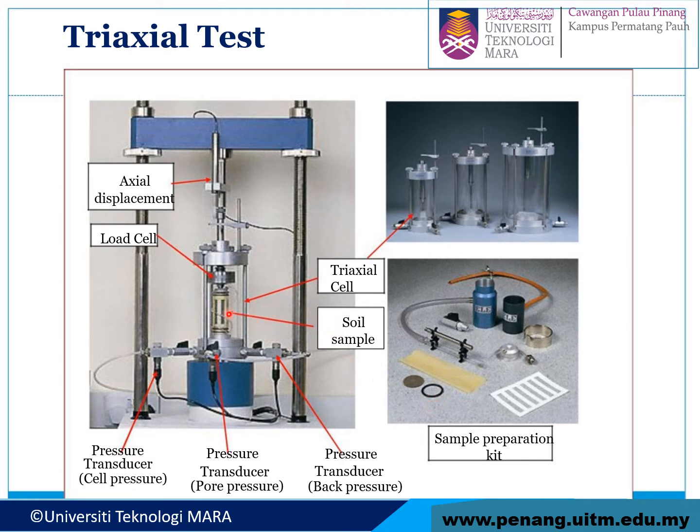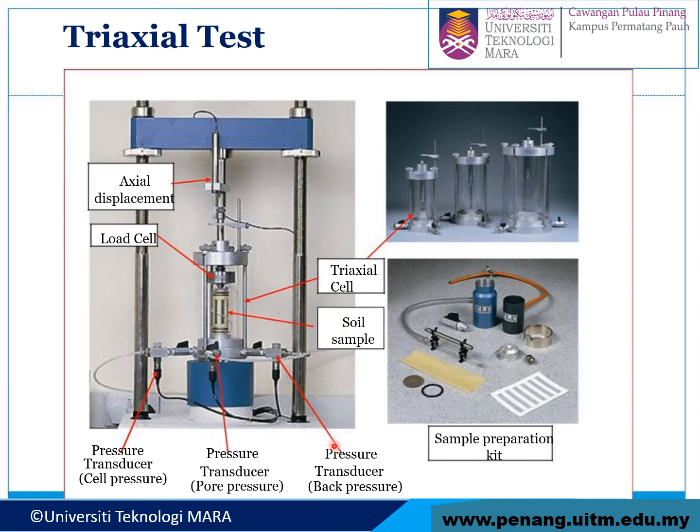After that we will place the sample in here, and then we will apply the load cell, and then we apply the axial displacement at the top. We will give the normal force here, and then we're going to have water inside the cell, and of course we will have the sigma 3 because of the stress, the cell pressure.